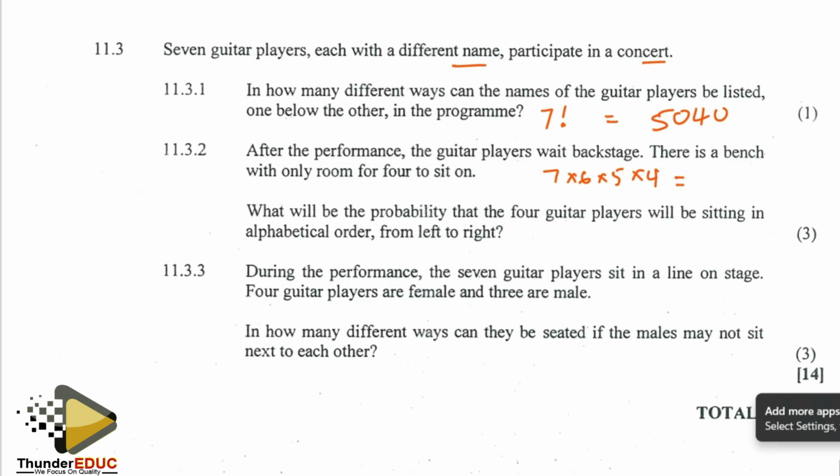Okay, 7 ways to choose the players who will be seated, of the 4 players. That will be 840. And then for them to sit in alphabetical order, which means it's a one-way thing, I'm going to divide this 840 by 5040, which gives me 1/6.